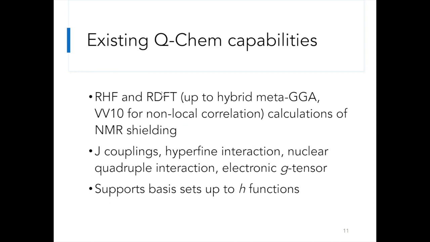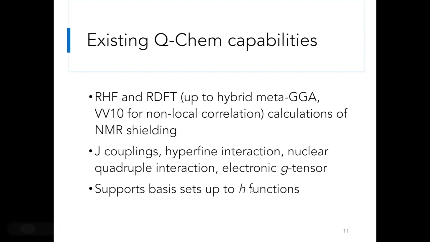Right, so before I go to the next part, the current Q-Chem capabilities with respect to these magnetic properties: we have Hartree-Fock and DFT up to hybrid GGA and VV10 for non-local correlation. So you can use these to calculate NMR shieldings and the related J couplings, hyperfine interaction, and so on.